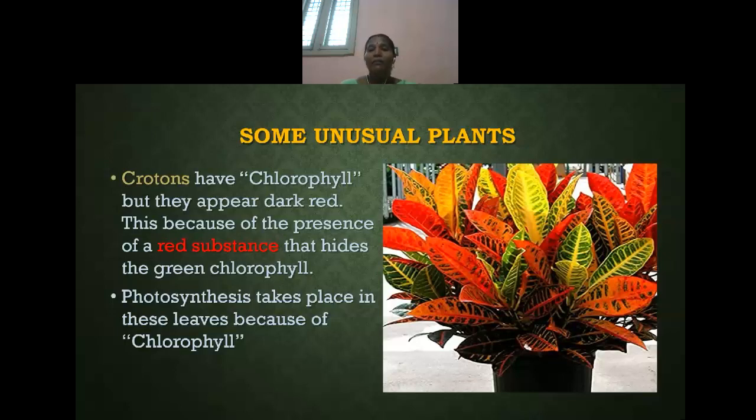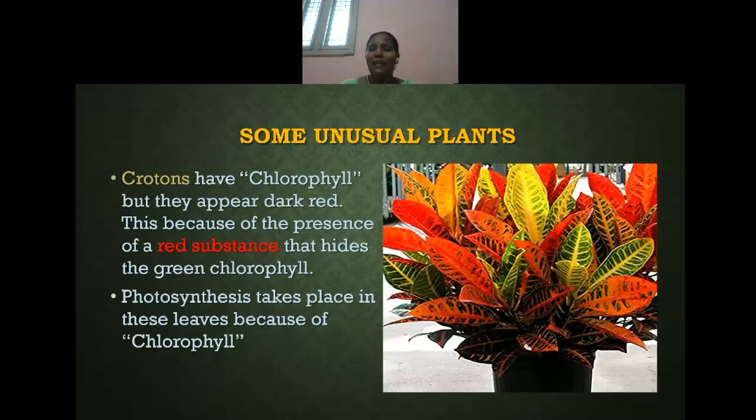Apart from the green pigment, they have some other pigments, for example a red pigment and a yellow pigment. This red pigment and yellow pigment dominate the green pigment, so we see only the red and yellow colors.